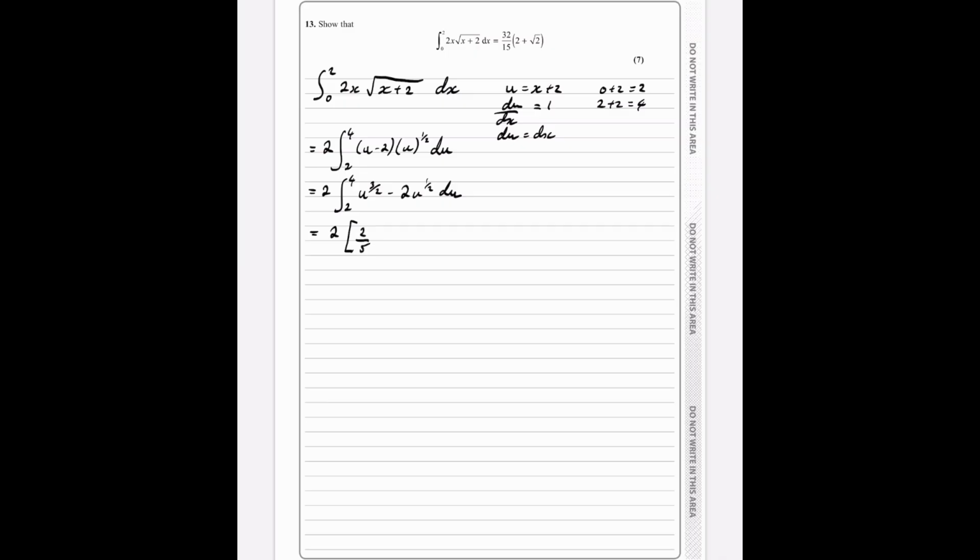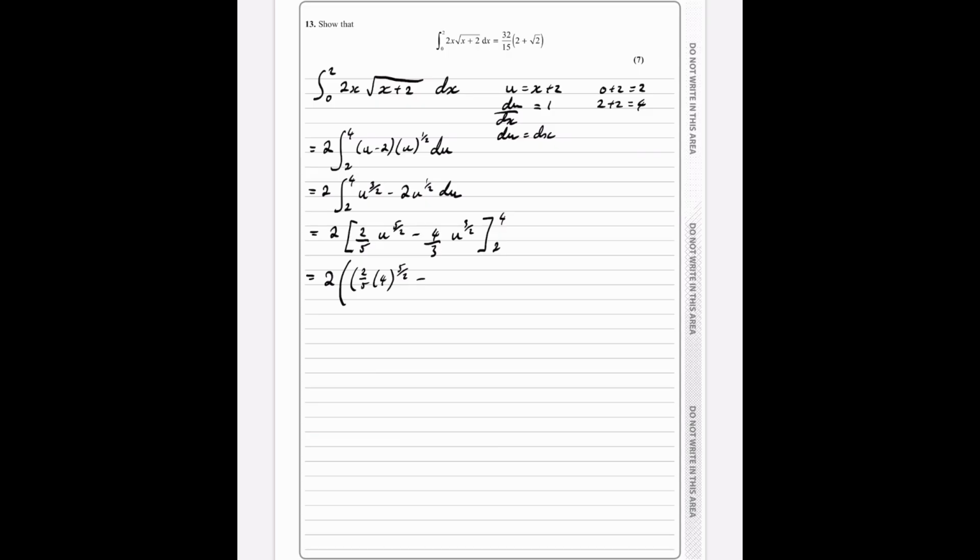It doesn't matter if you've included 2 inside the integral, that's absolutely fine. u to the power 3 over 2, add 1 to the power, gives us 5 over 2, divide by the power is 2/5, so 2/5 u to the 5 over 2, and then subtract u to the power of a half, add 1 to a half is 3 over 2, divide by 3 over 2 is the same as timesing by 2 over 3, so that will be minus 4/3 u to the power of 3 over 2, and our two values are 4 and 2. So I'm going to substitute 4 in, and then I'm going to substitute 2 in and take the second from the first.